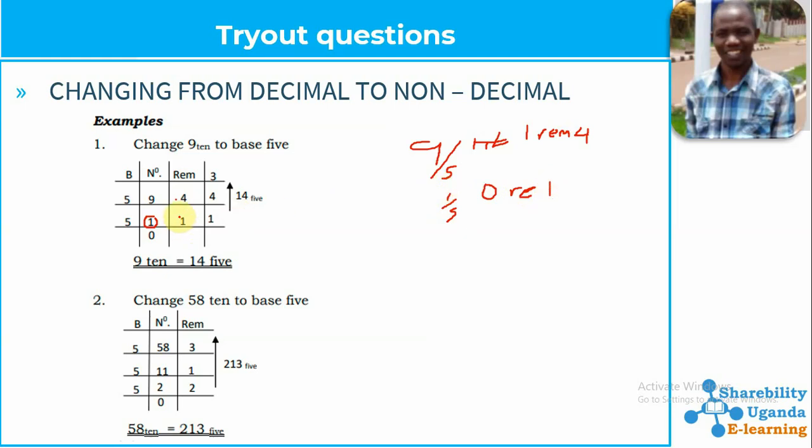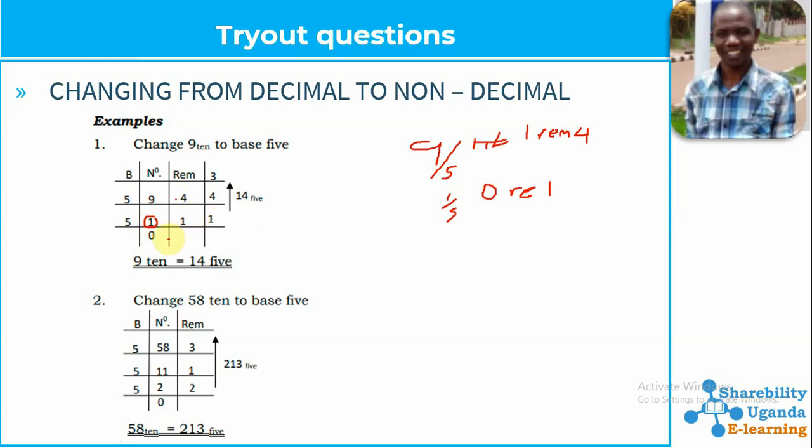So 1 divided by 5 is 0, and we still remain with our 1.